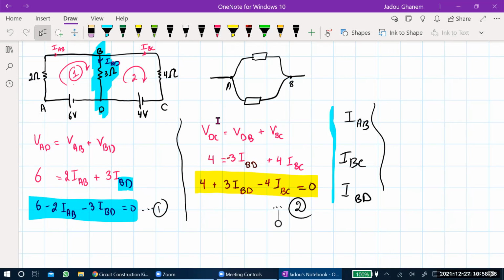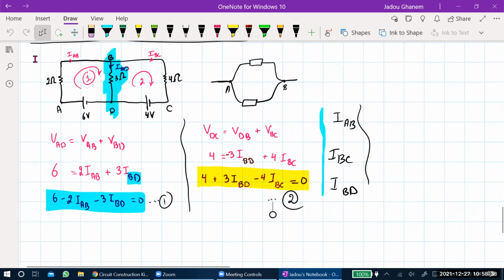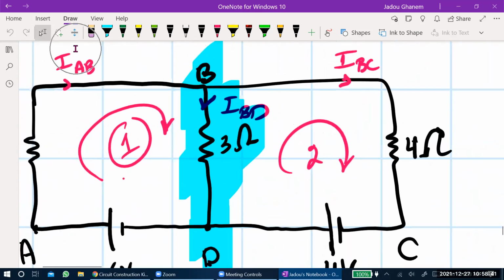Just take a look at the circuit here. If you apply Kirchhoff's current law, it says the current entering equals the currents leaving. I'm talking about junction B, okay?